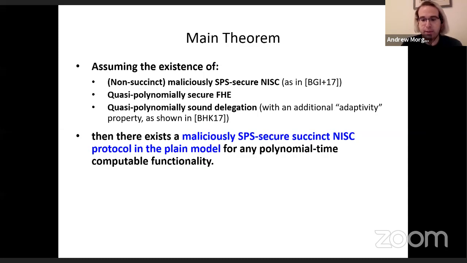So our main theorem constructs a protocol which gives both malicious security and succinctness given a non-succinct maliciously SPS secure NISC, FHE, and a scheme for adaptive delegation of computation, which essentially provides a way to efficiently outsource and soundly verify computation on publicly known inputs.